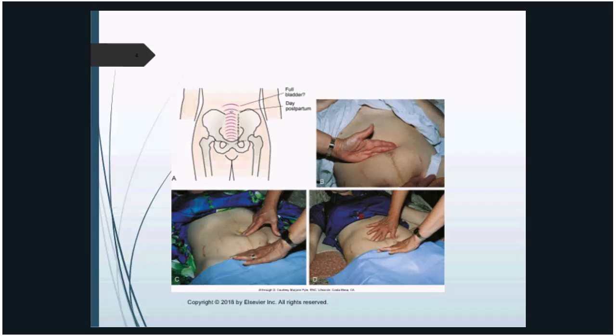So you want to hold the uterus at the bottom. It'll be close to where a C-section scar is if your patient has had a C-section. Don't hold very firmly there when they've had a C-section, but place your hand at the bottom, and then cup your hand at the top where the fundus is so that you can tell how far down the fundus is.